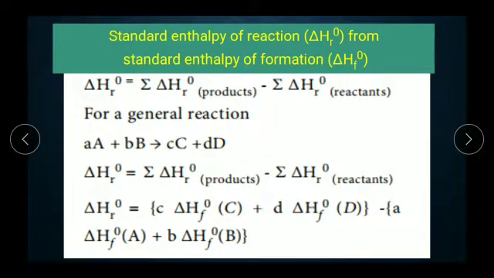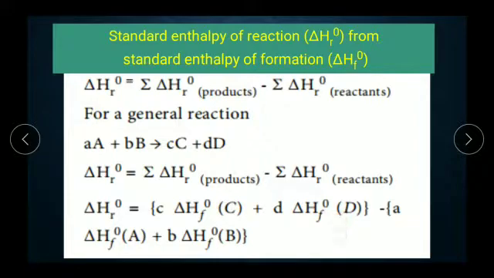What are the products? C and D. We get C with the coefficient small c, so c times ΔH_F° of C, plus d times ΔH_F° of D, minus a times ΔH_F° of A plus b times ΔH_F° of B.